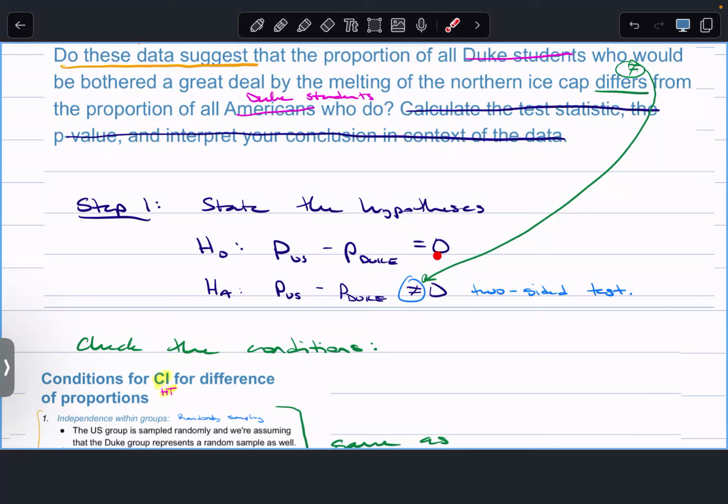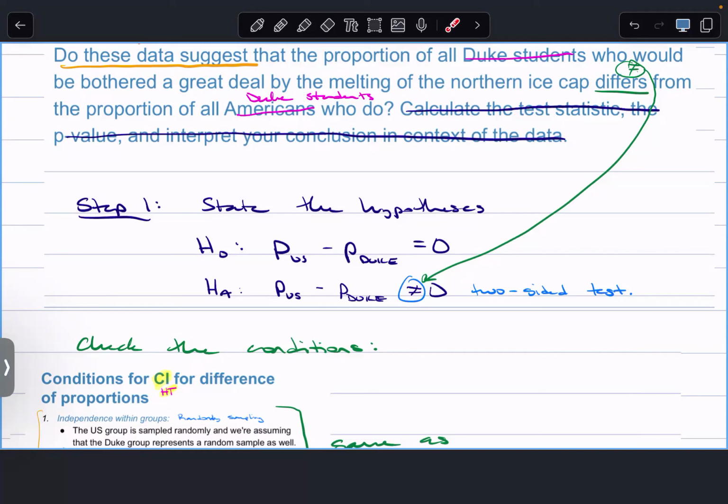So there's no reason to reject H naught, right? And then if the interval is outside that null value, on either side, then you have enough evidence to reject H naught. So that's kind of an informal test, hypothesis testing.